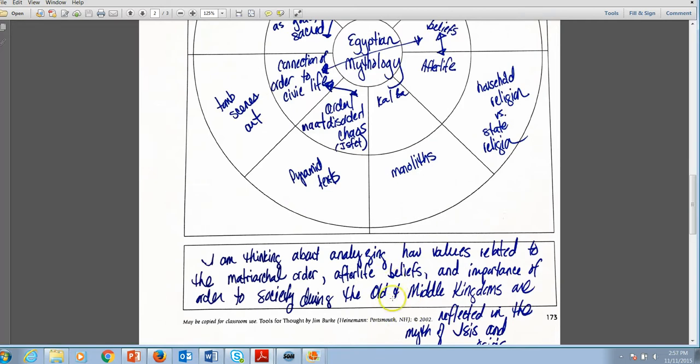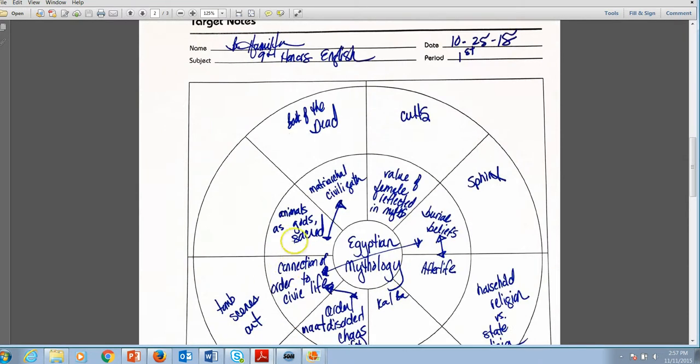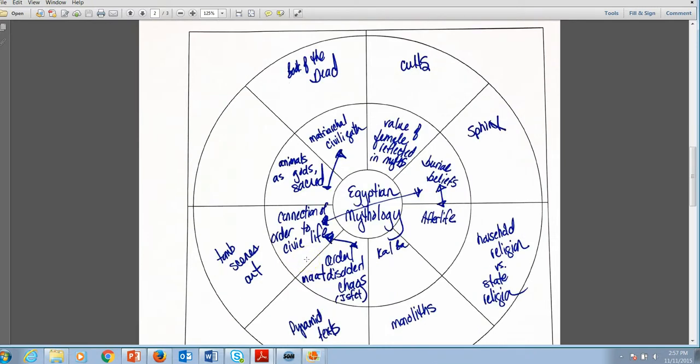And then can you pull out a couple of subtopics that you could then begin to craft? And if you'd like to try that strategy, we have the instructions and example target notes, as well as a blank template that you can do individually, or if you're doing your project with a partner, that you can do in pairs. So that's our second strategy.